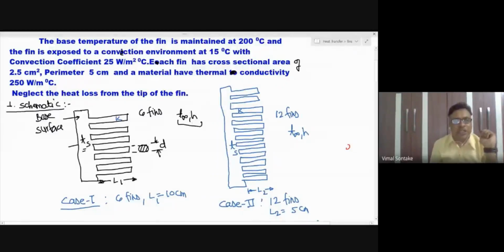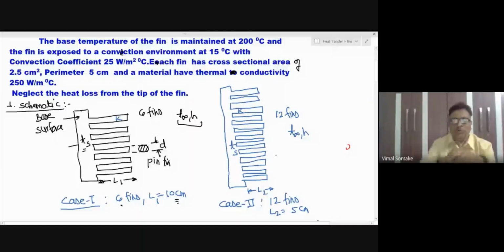The cross section of the fin is circular because it is saying pin fin, and pin fins are nothing but cylindrical fins. So let's say their diameter is D. So this is case 1, where 6 fins of 10 centimeter lengths are connected to the base surface.